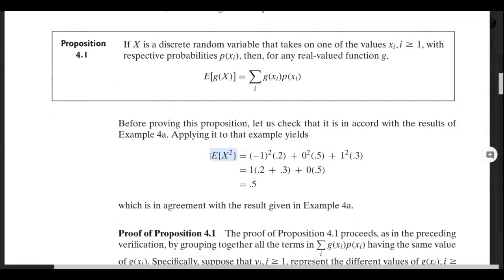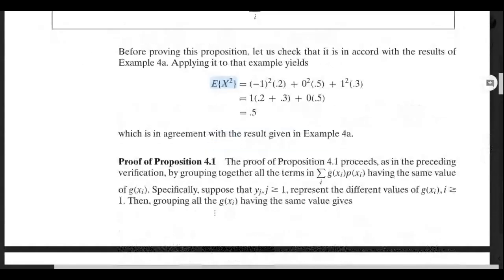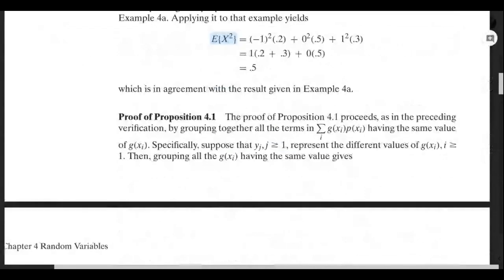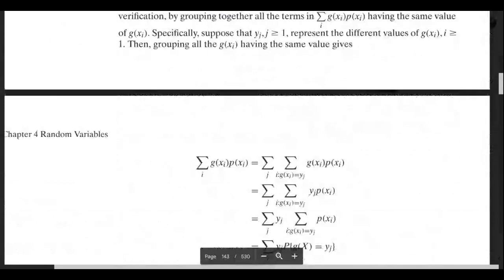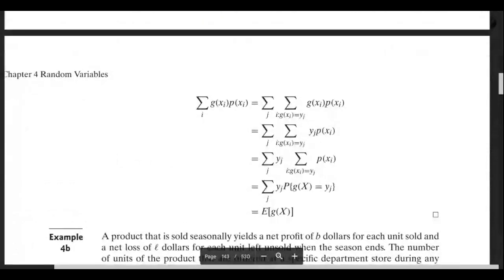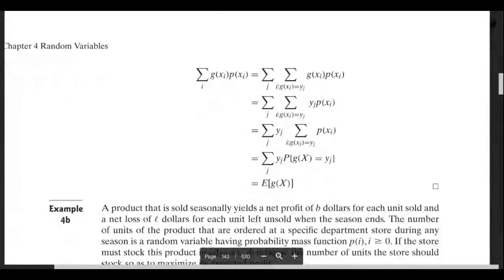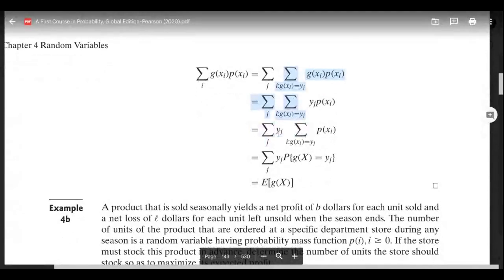This is the expected value of x squared, in agreement with the result given in 4a. Okay, I'm going to skip the proof. You can read the proof yourself; it just deals with summation signs.